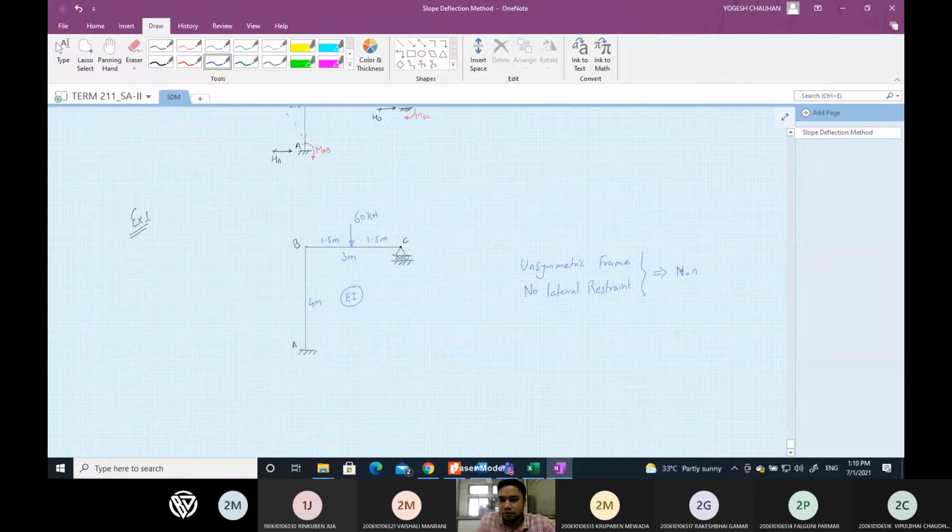So this implies this frame is a sway frame. On application of the load, this will sway.